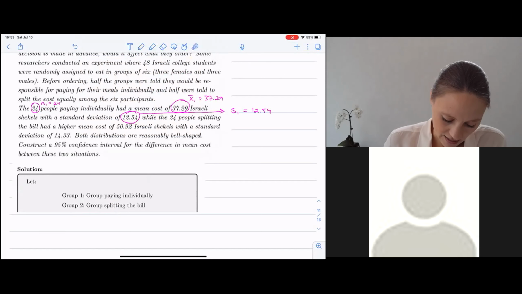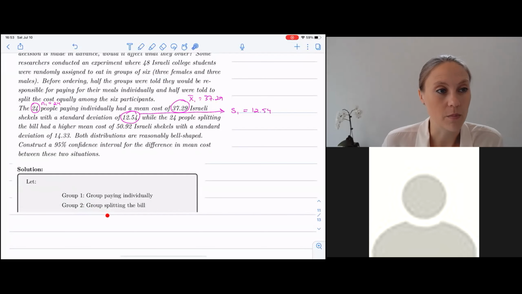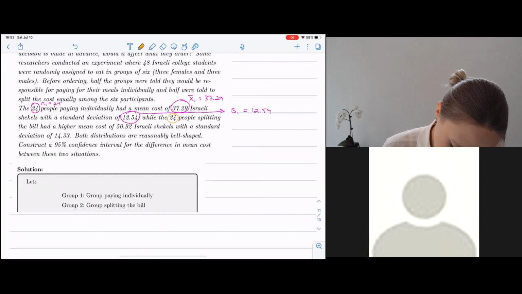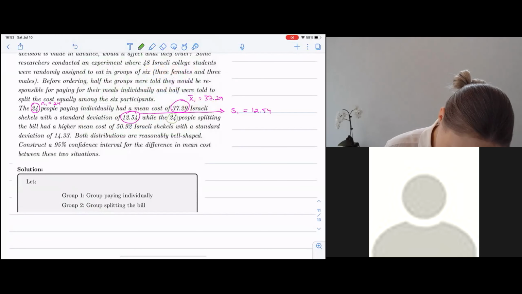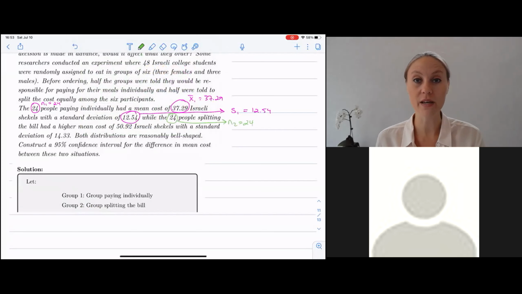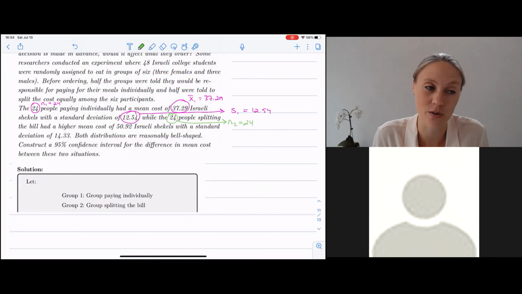And then I let group 2 be the group that's splitting the bill. So the 24 people splitting the bill. N2 is also 24. That's fine. They can be the same sample size. They just don't have to be.